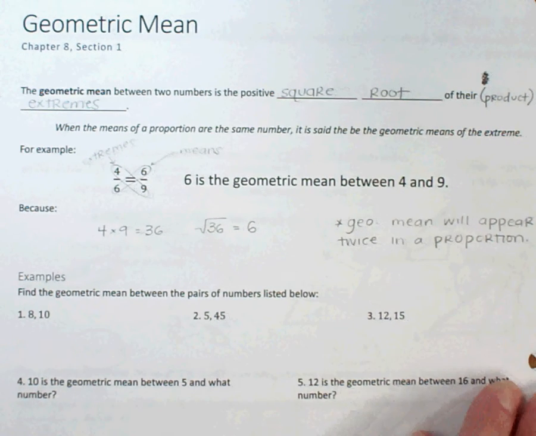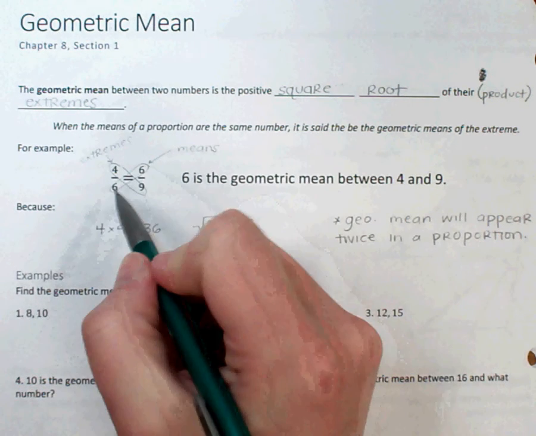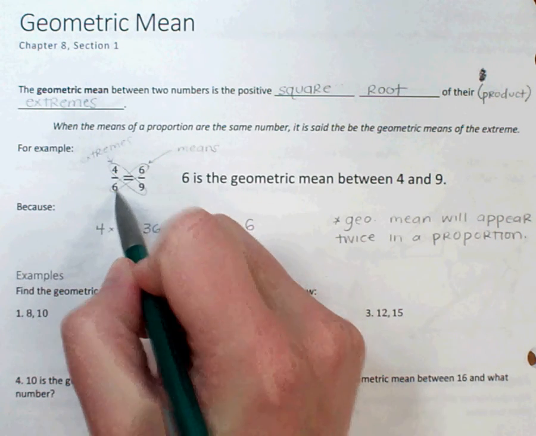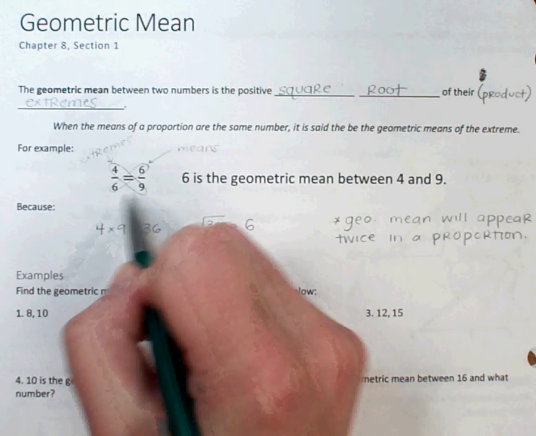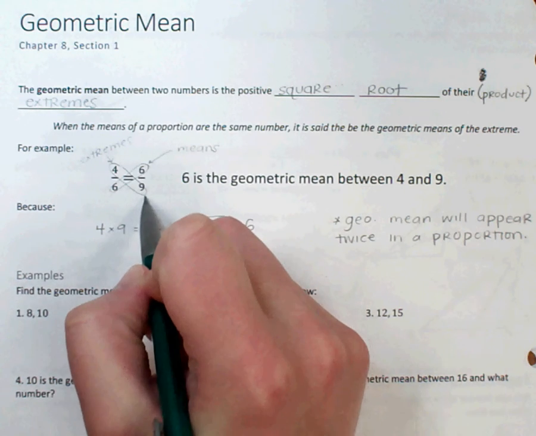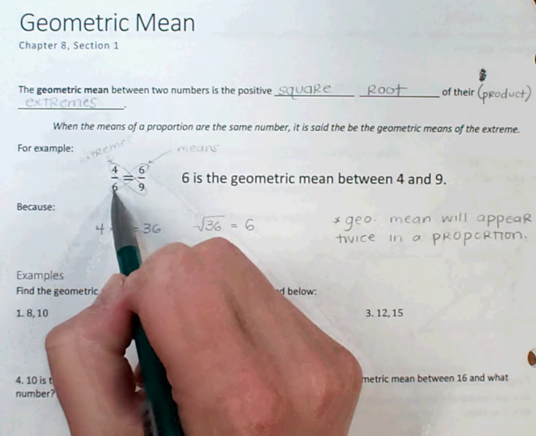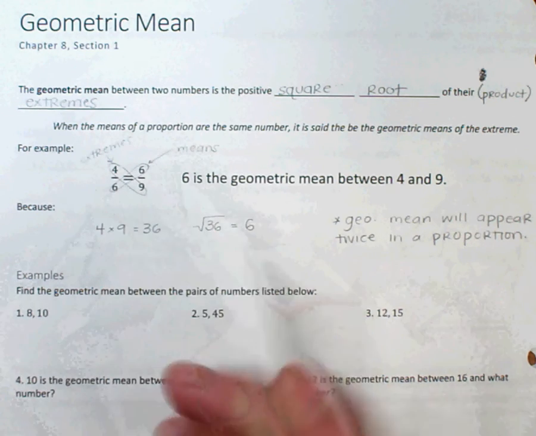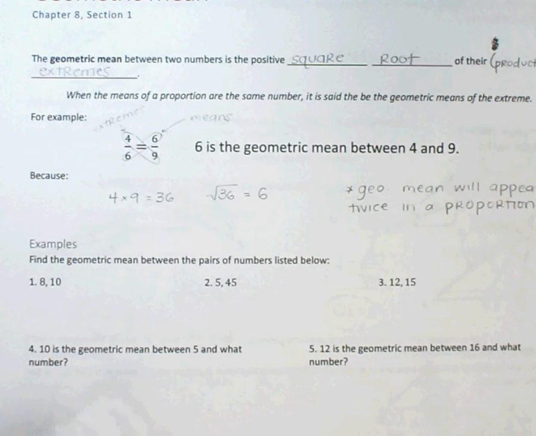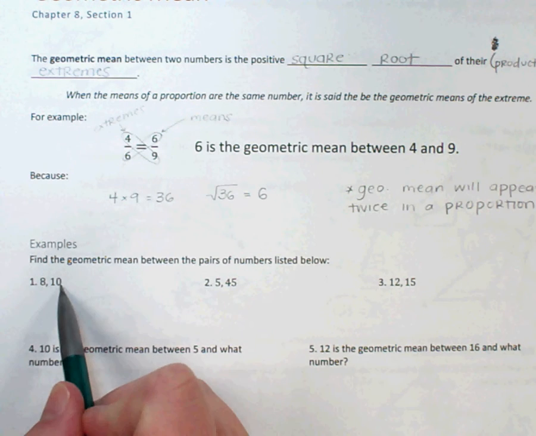Okay, once in the numerator and once in the denominator. And it doesn't matter if left or right, which is numerator, which is denominator, as long as they are diagonal from each other. Okay, so an example here, find the geometric mean between 8 and 10 here.